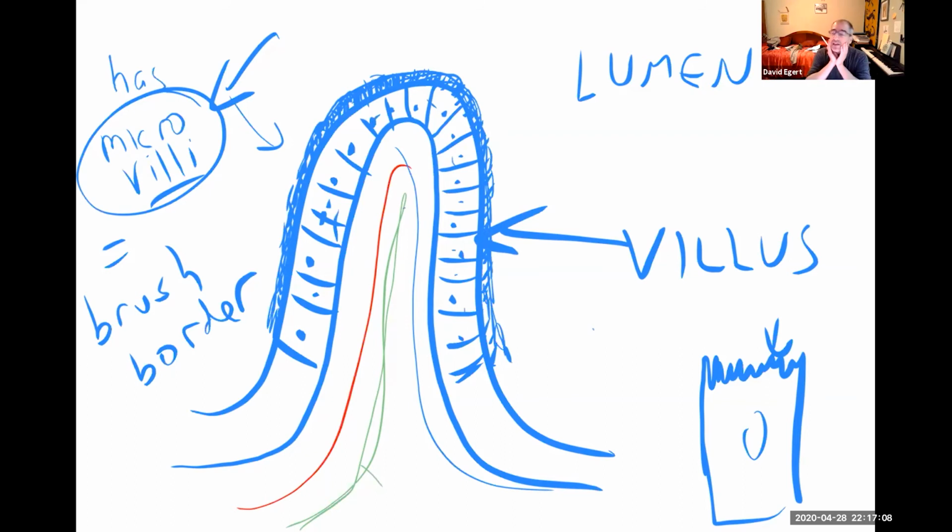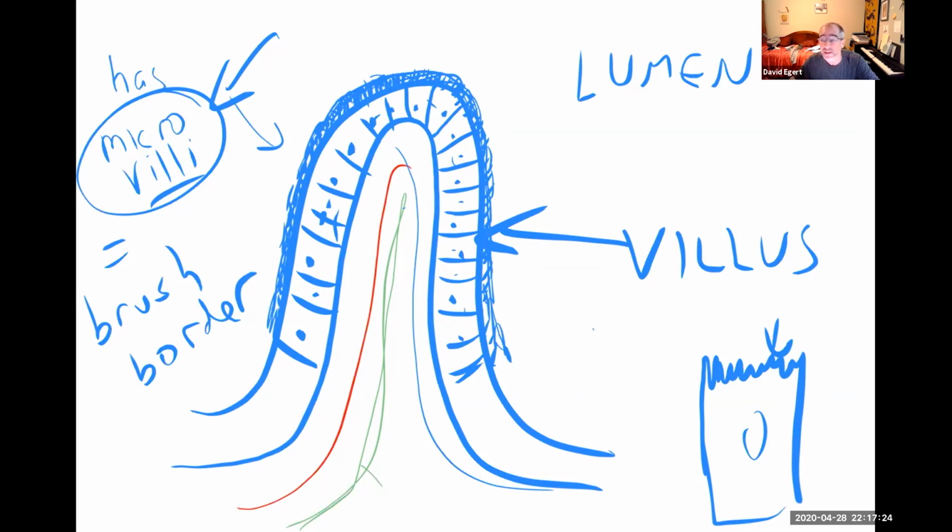If you are in the lab and looking at an actual intestine and you open it up, it looks kind of like velvet inside. It doesn't look smooth.